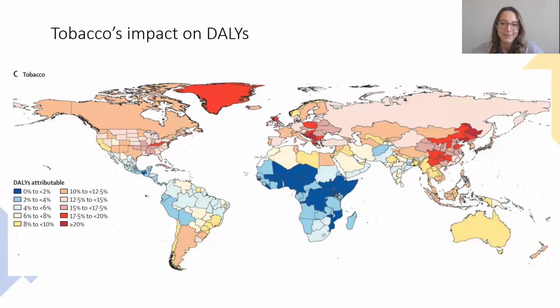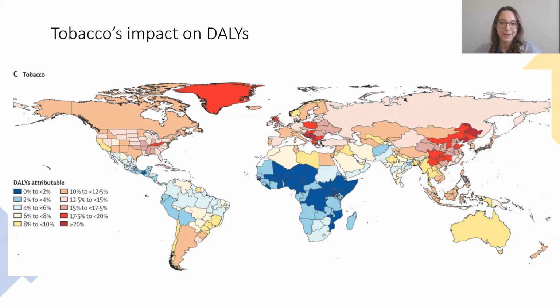Well, that there's significant variation. Even though we know tobacco is a risk factor for many diseases, most notably lung cancer, it doesn't necessarily have the same impact everywhere, because certain regions of the world have a much higher smoking rate, firstly, and that contributes to a different burden of disease specifically from tobacco.